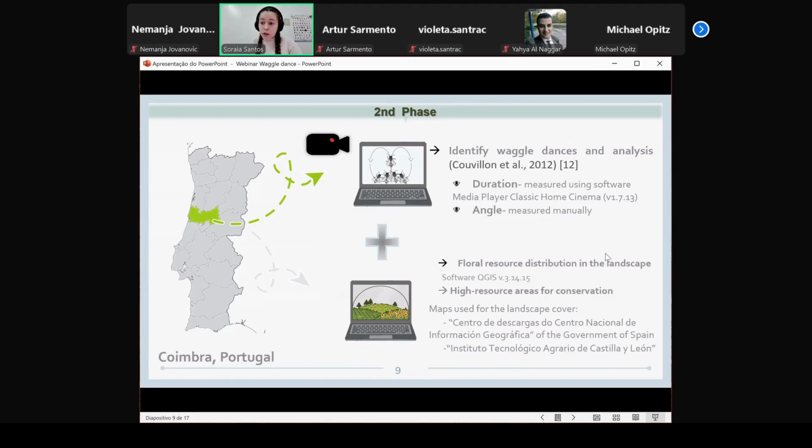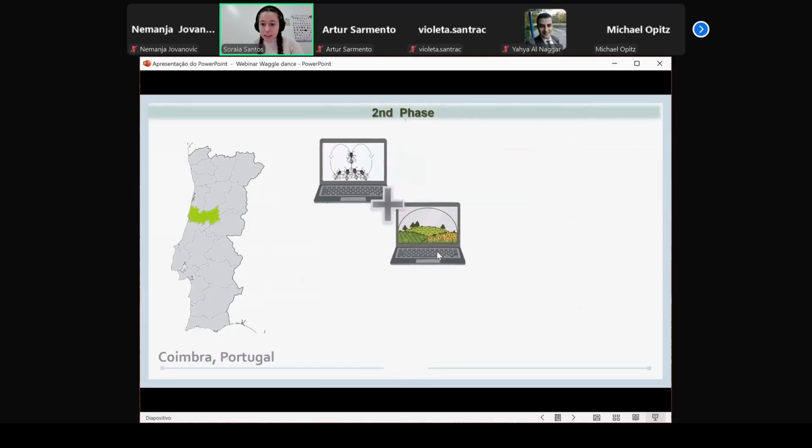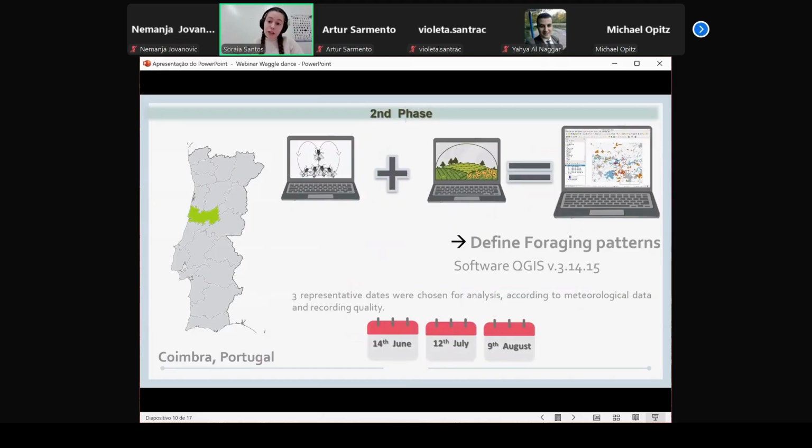The floral resource distribution in the landscape was analyzed using QGIS. Finally, the foraging patterns were defined by using the same software, but I would also like to emphasize that the days chosen for representing each month were selected according to the registered favorable weather conditions and the quality of the recorded videos.